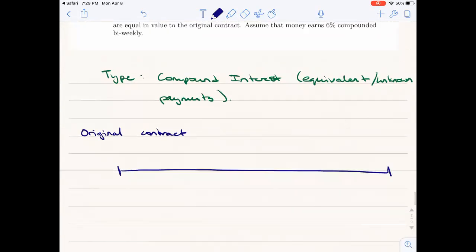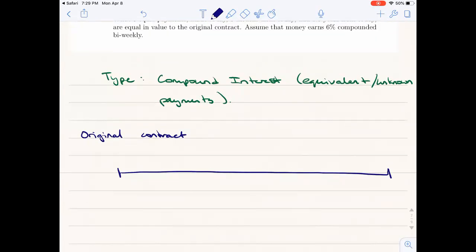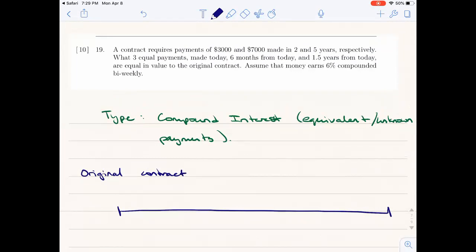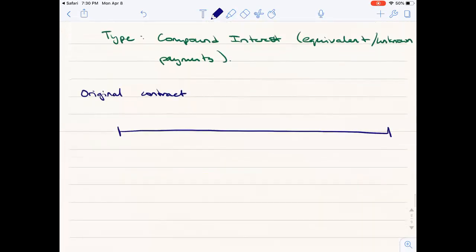But remember that kind of trick that we use so that it's easier to visualize things that are going on is that we put the times for all of the contract on both of the timelines. So you don't have to, but I think it makes it easier. So we need a tick at 2 years, 5 years, and then today, 6 months from today, and 1.5 years from today. So I've got 5 ticks total, 2 at the end points, and then 1, 2, 3.